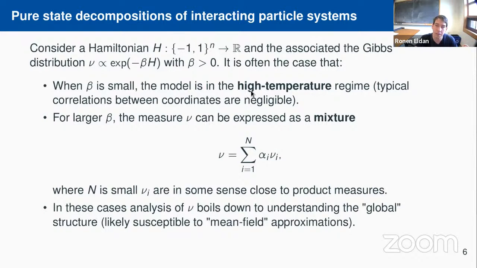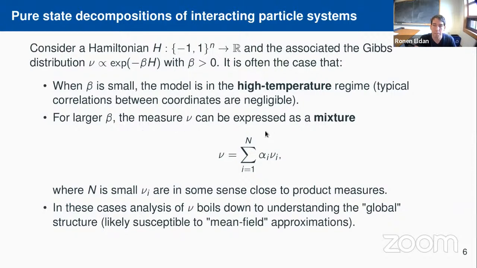So typical correlations between coordinates are negligible for most pairs of coordinates. And if we take a larger beta, this is not true anymore. We observe non-negligible correlations between different coordinates. But in this case, in many cases of interest, we still have some very interesting structure.